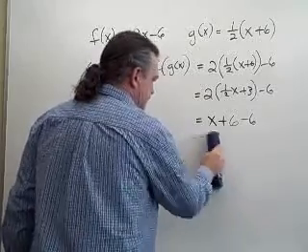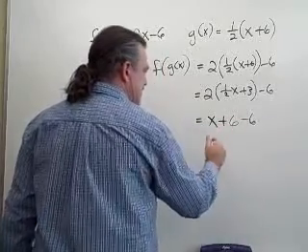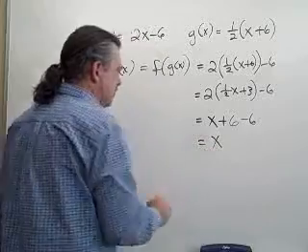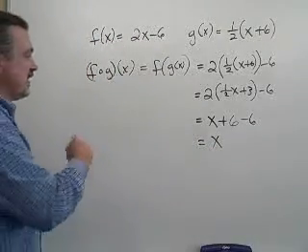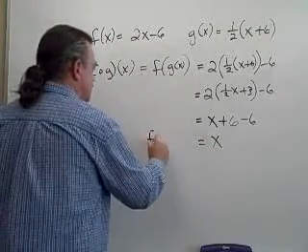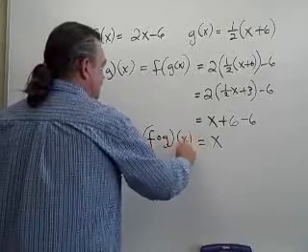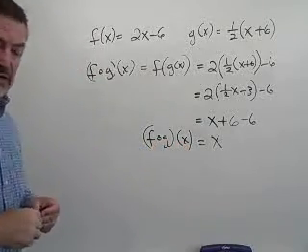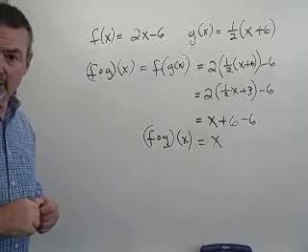And plus 6 minus 6 gives us 0. So in this instance, f composed with g of x is just equal to the function x.